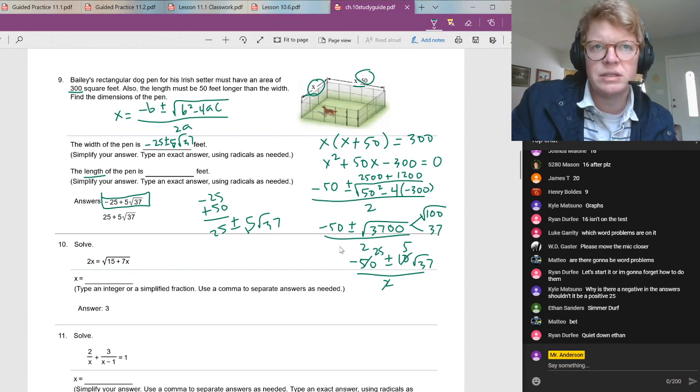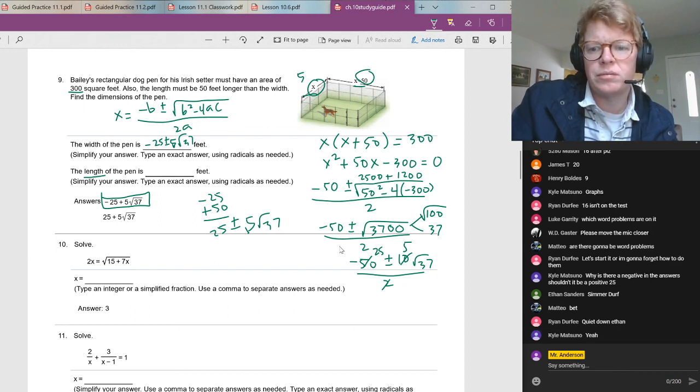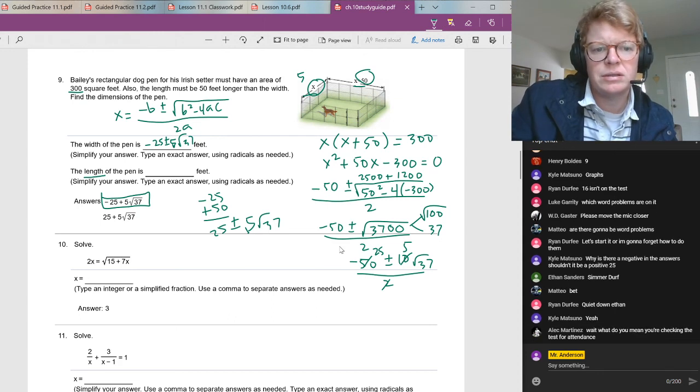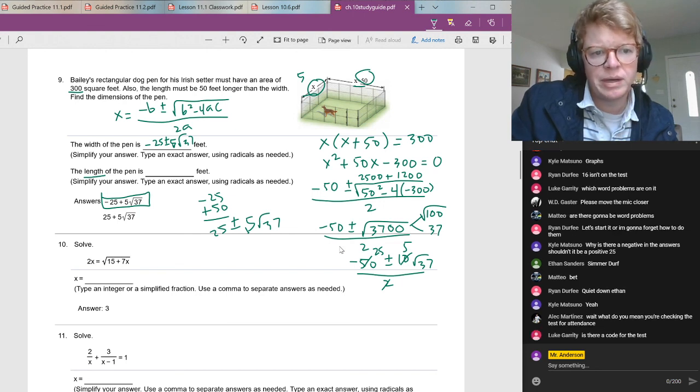The square root of 36. So that's pretty close. So 6 times 5 is 30, and negative, so it's roughly a little bit more than 5 feet. It's a little bit more than 5. Okay? And then this one here, we're adding 50 to this. So this should be about 55. So I hope that clears it up.